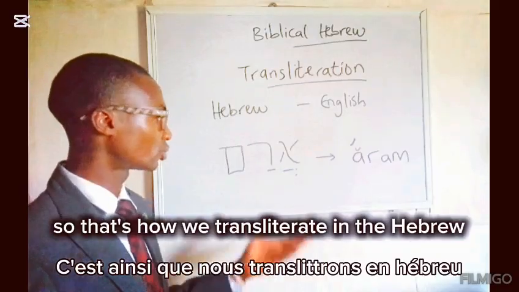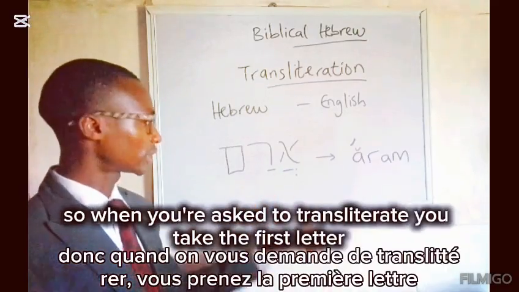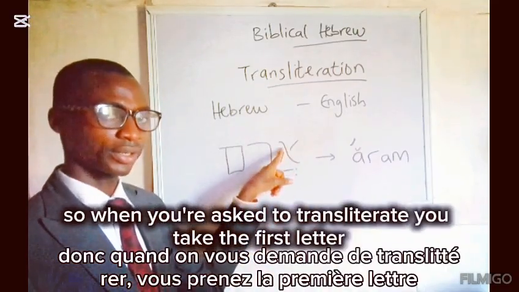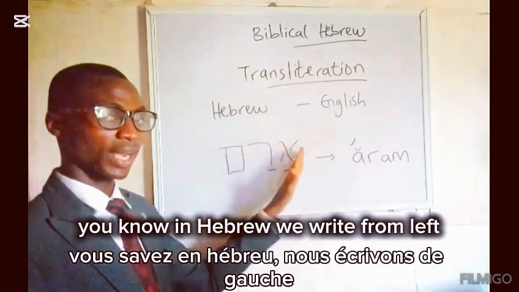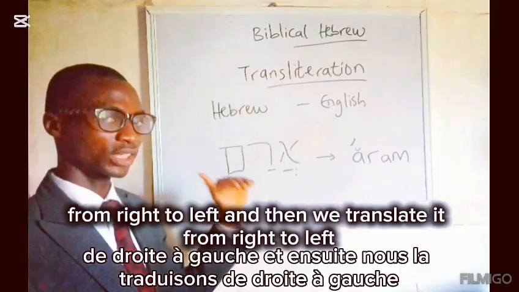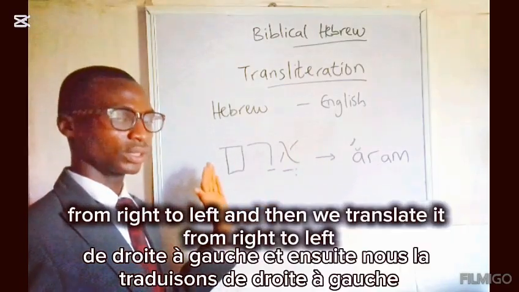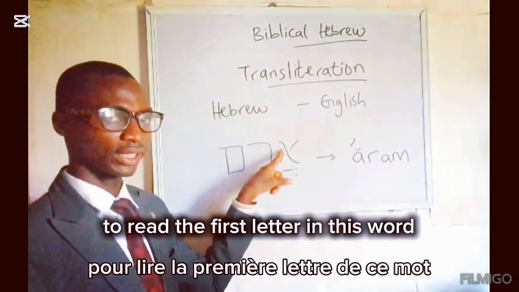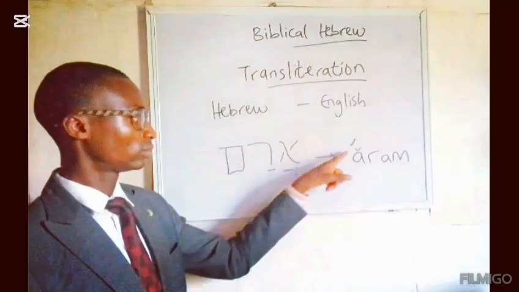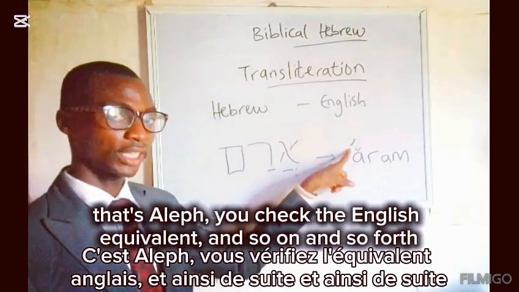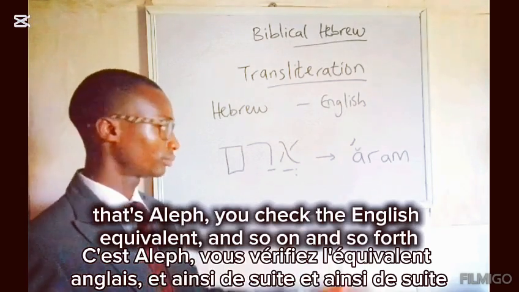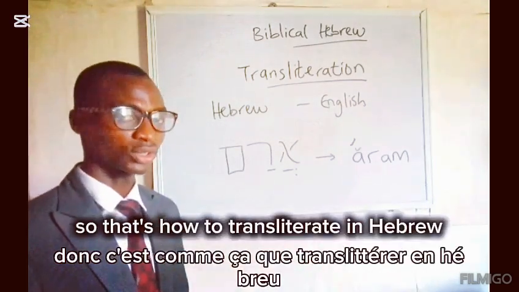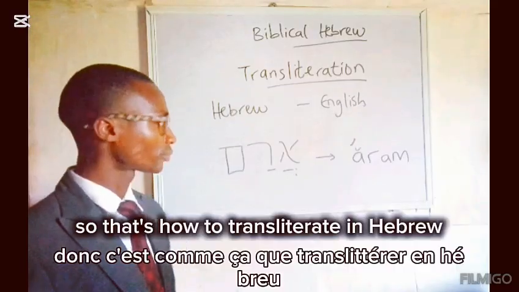When you are asked to transliterate, you take the first letter. In Hebrew, you write from right to left, and you transliterate from right to left. So this is the first letter in this word. Then Aleph, you check the English equivalence, and so on and so forth. So that's how to transliterate in Hebrew.